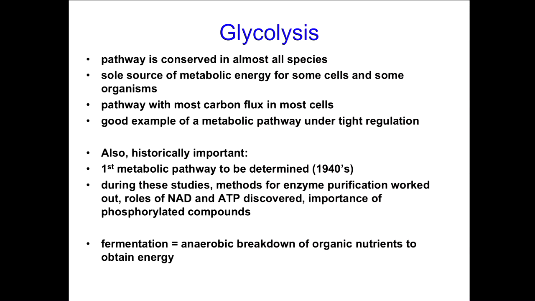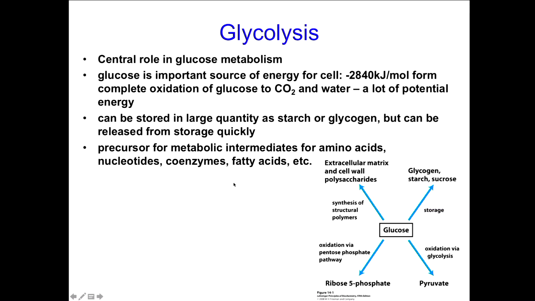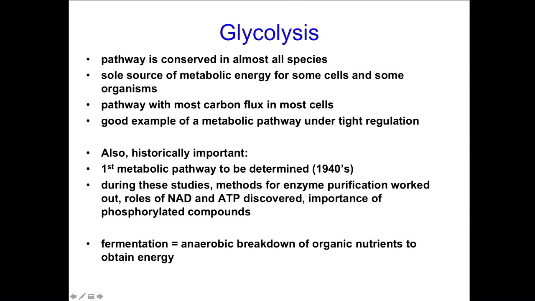Now, when we talk about glycolysis, I mentioned this idea about breakdown, oxidation, use of oxygen, all that other stuff. The actual steps of glycolysis, these 10 steps, are actually anaerobic. Oxygen doesn't play a part until another pathway farther down.